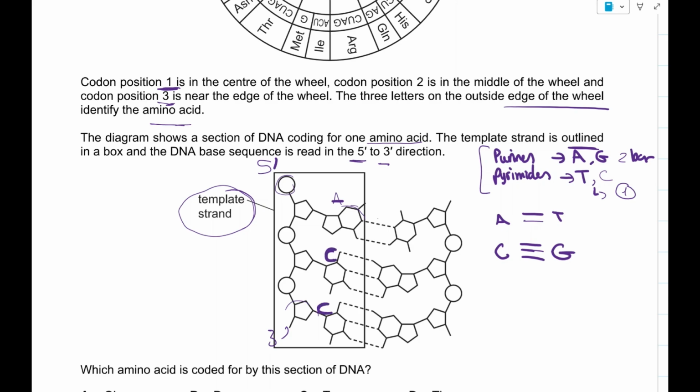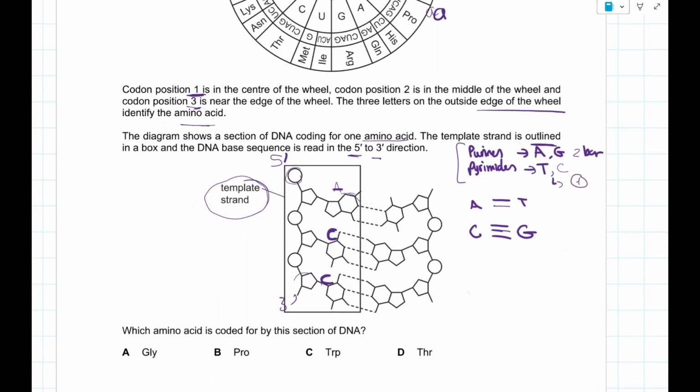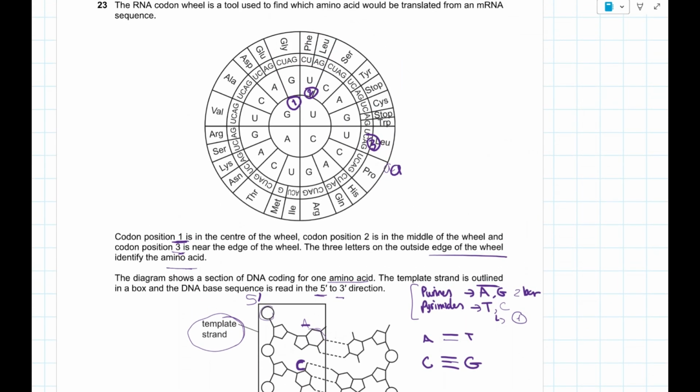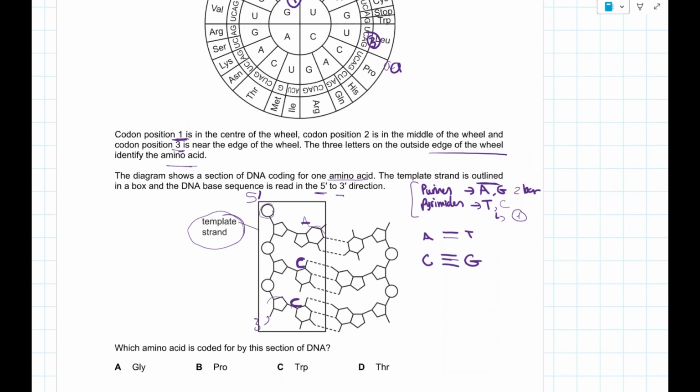Same with here. Now this is a DNA base sequence. Now we have to translate this to mRNA because this amino acid wheel is for RNA codons. So if you were to translate this to RNA, it's going to turn into uracil, guanine, and guanine.